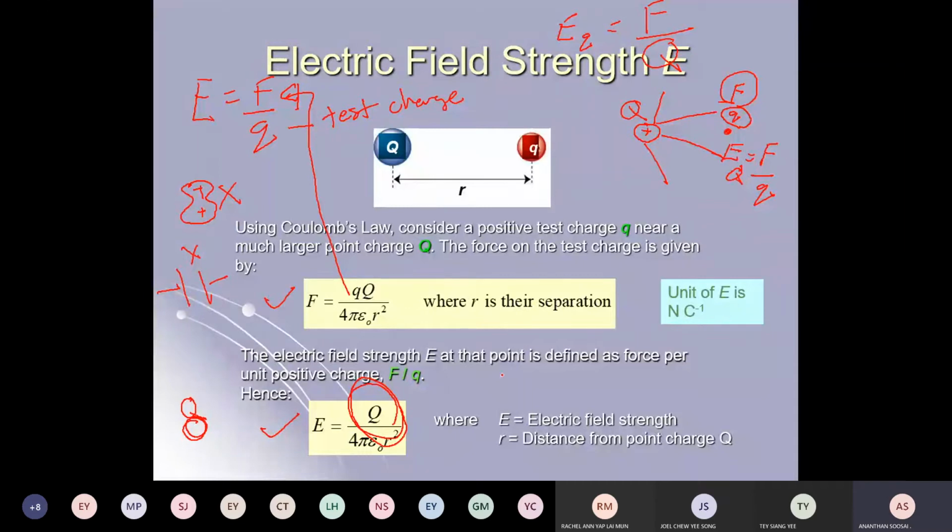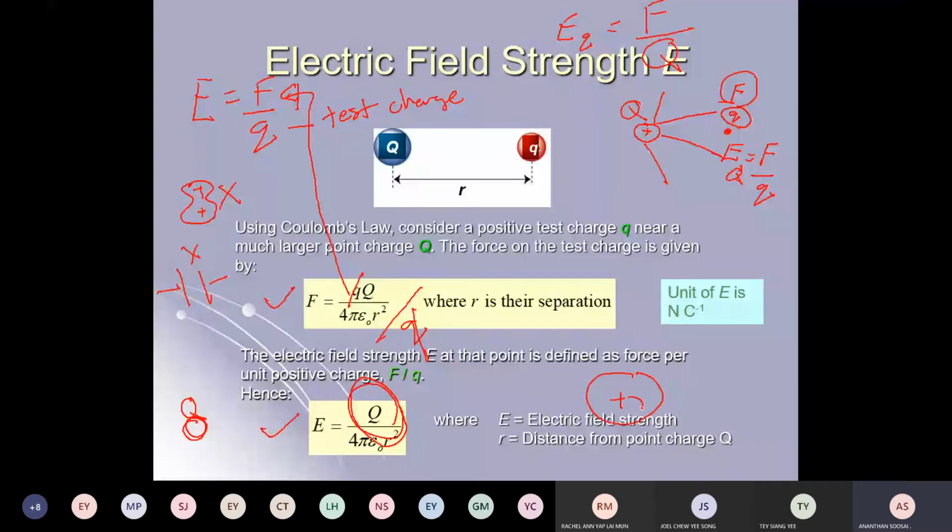So you see, this force is divided by the test charge to get the E, so the test charge will be cancelled. The one remaining is the center charge. So the conclusion is, say you have a body which has a charge of positive 5 coulomb.